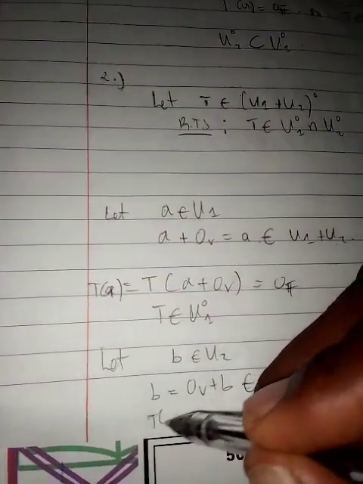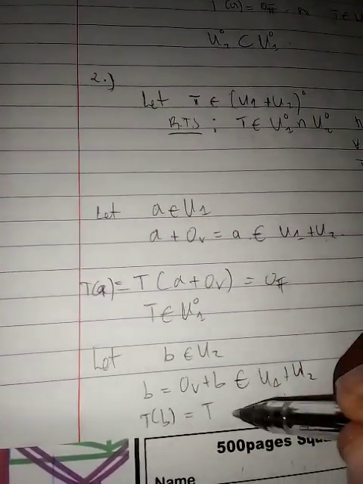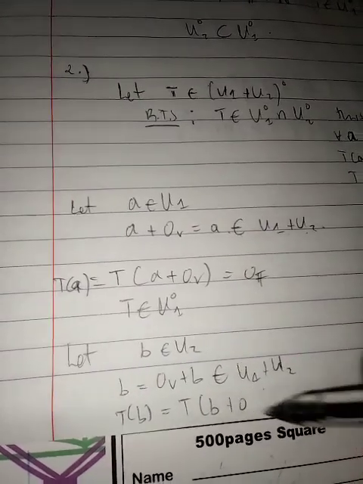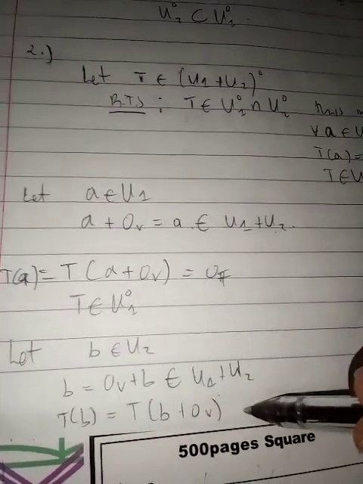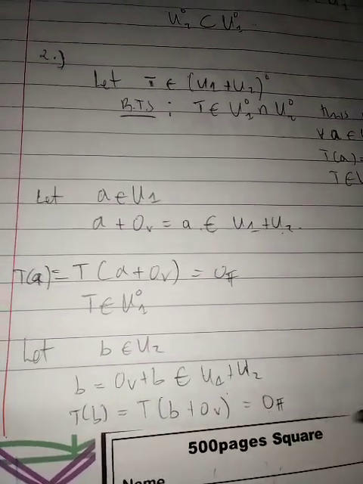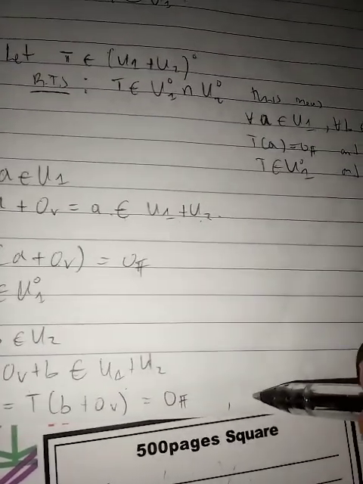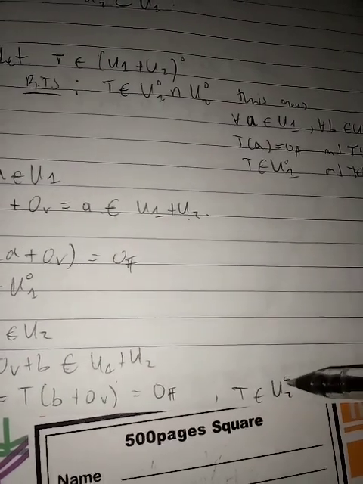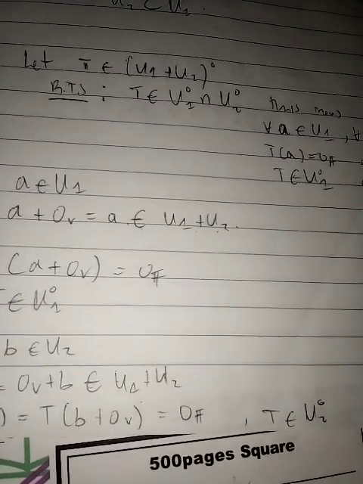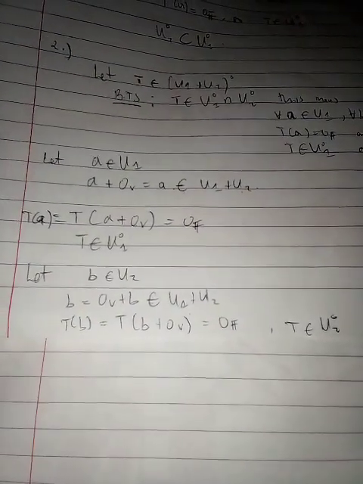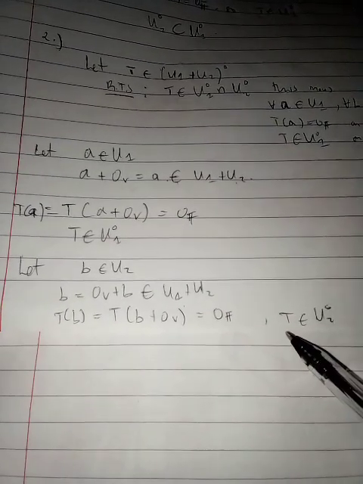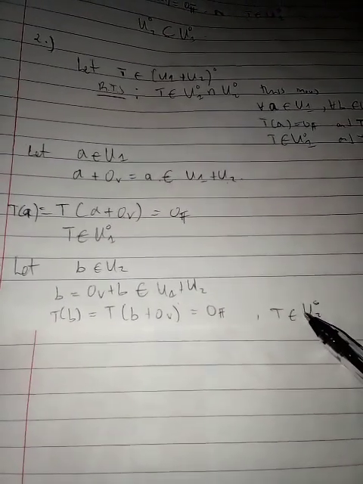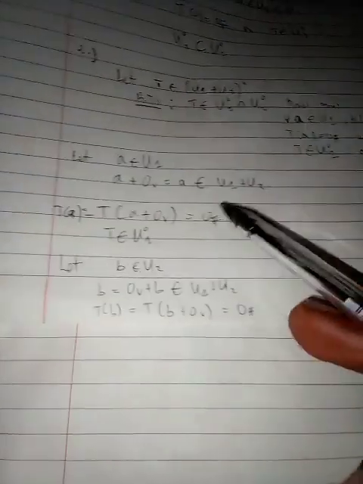Hence we have t of b, which is equal to t of b plus 0 of v, which is equal to 0 of f, and we can conclude that t is an element of the u2 annihilator. We have t an element of the u2 annihilator, t an element of the u1 annihilator.